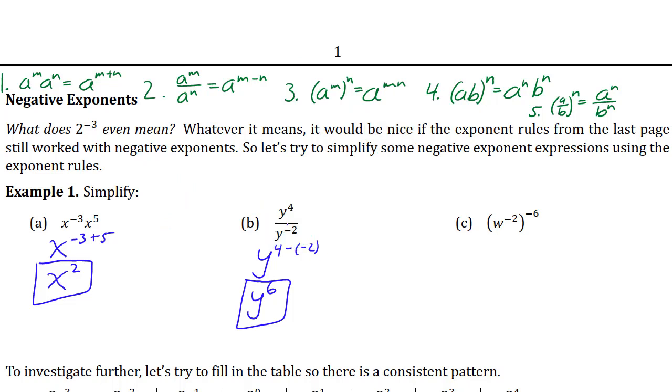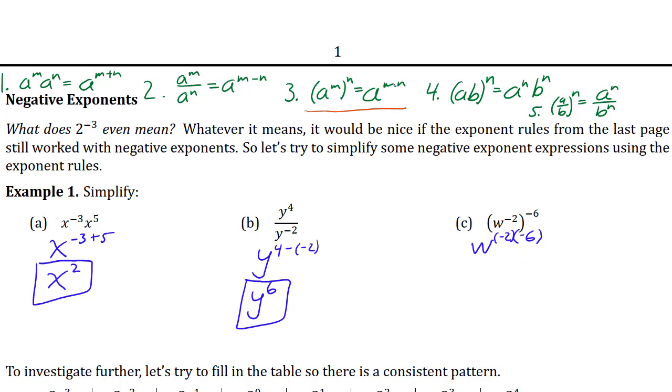And hopefully they do. How about with this one? So w to the negative 2 you can't write as repeated multiplication, and then negative 6 you can't write as repeated multiplication either, but you can use this rule number 3. You have an exponent in parentheses raised to the power of another exponent. So this says instead of m we have negative 2, instead of n we've got negative 6, so we can write it as w to the power negative 2 multiplied by negative 6.